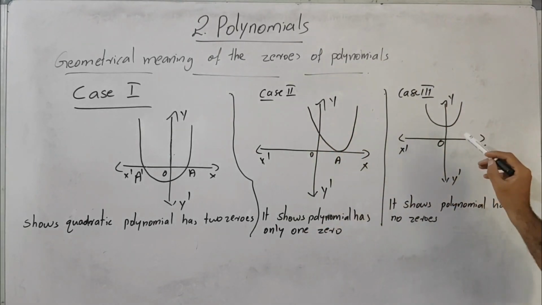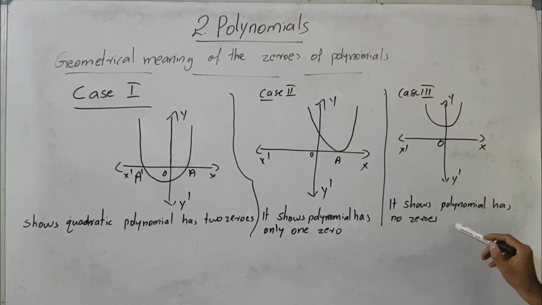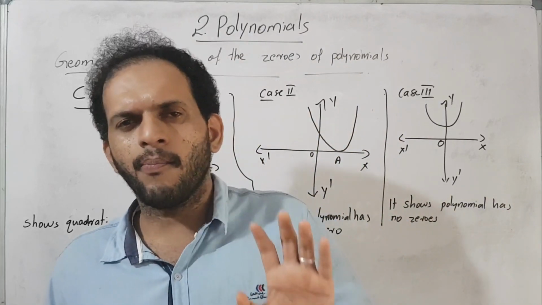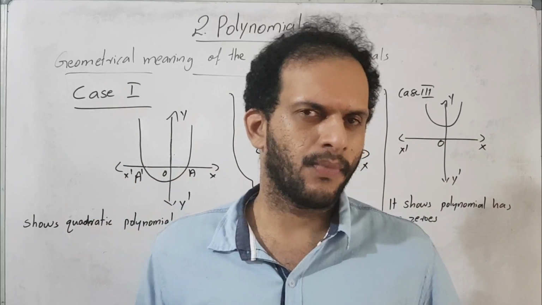Sometimes the graph does not intersect the x-axis. If the graph does not intersect the x-axis, this polynomial has no zeros, no solutions.